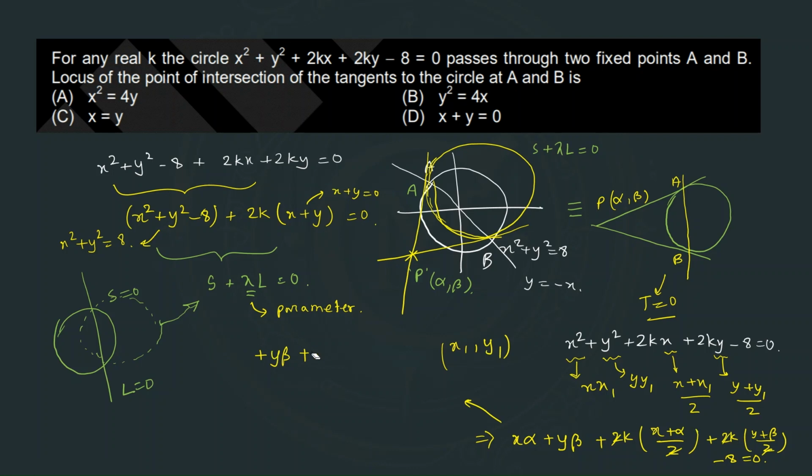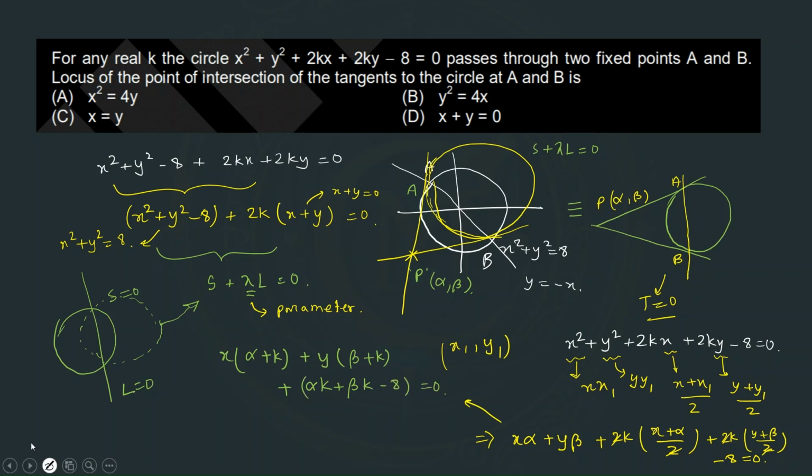So overall we can write this equation as x times (alpha plus k) plus y times (beta plus k) plus alpha k plus beta k minus 8 equal to 0.